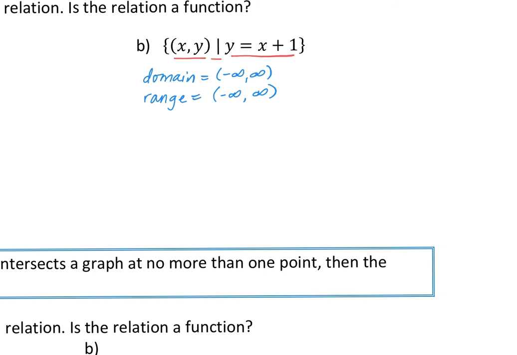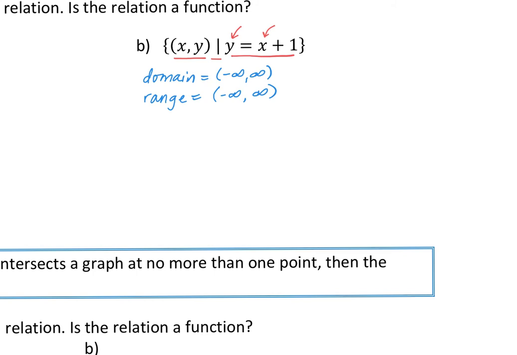Now remember, for every x I put in, I should just get 1 y back. So if you look at this equation and think about putting in some number for x, you're just going to add 1 to it, and then how many y's are on the other side of the equal sign? I just see 1. It's not like y squared.